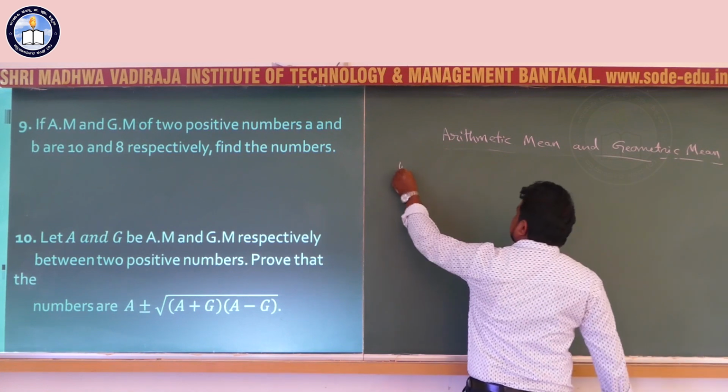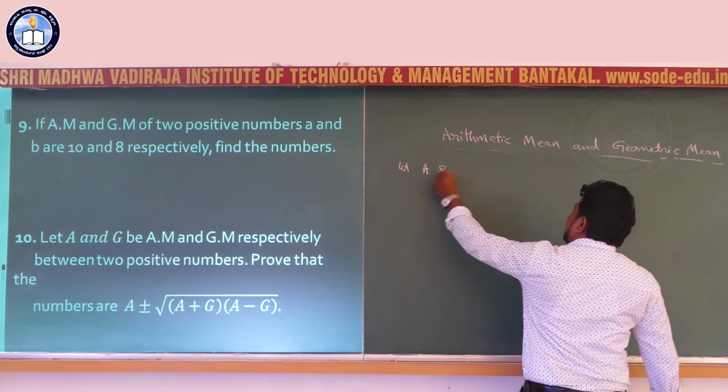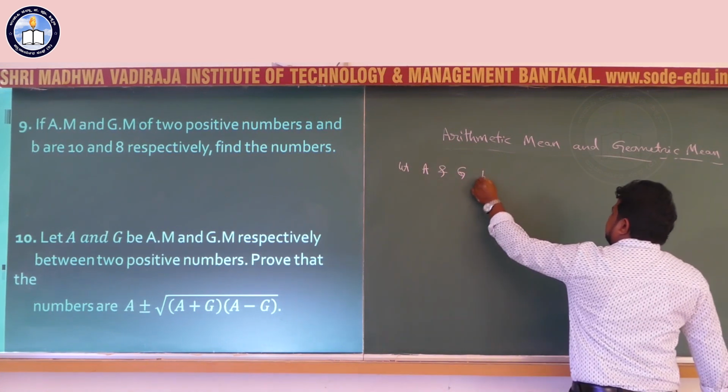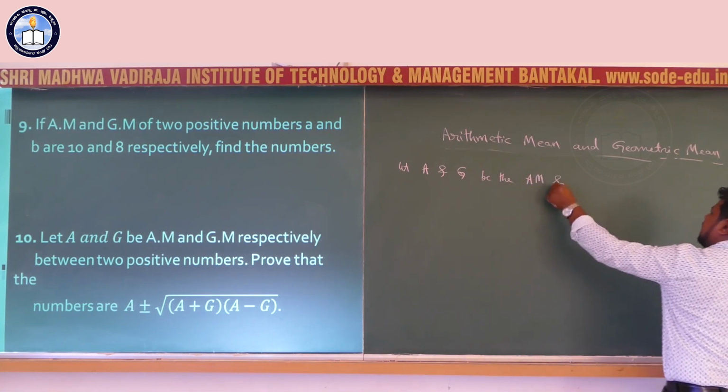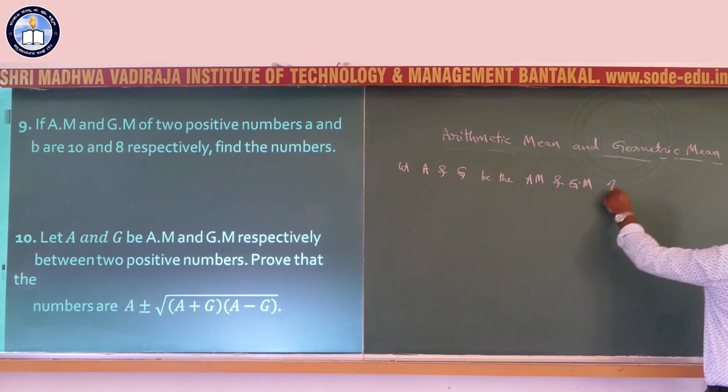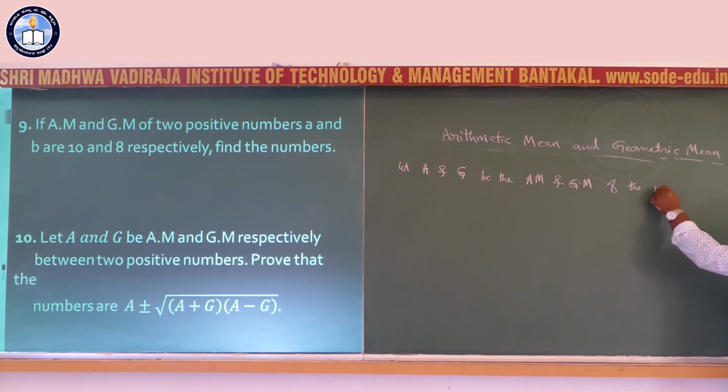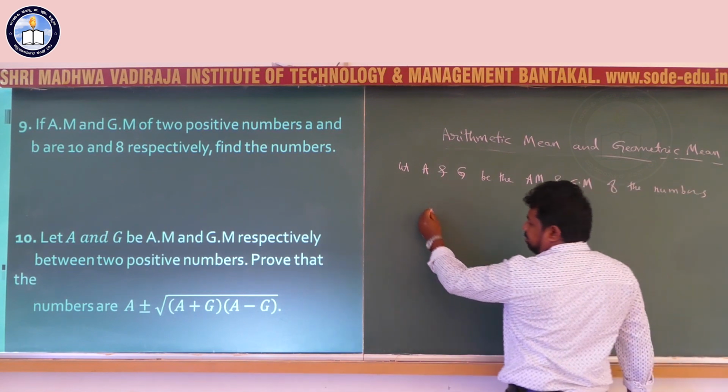Let capital A and capital G be the arithmetic mean and geometric mean of the numbers a and b.